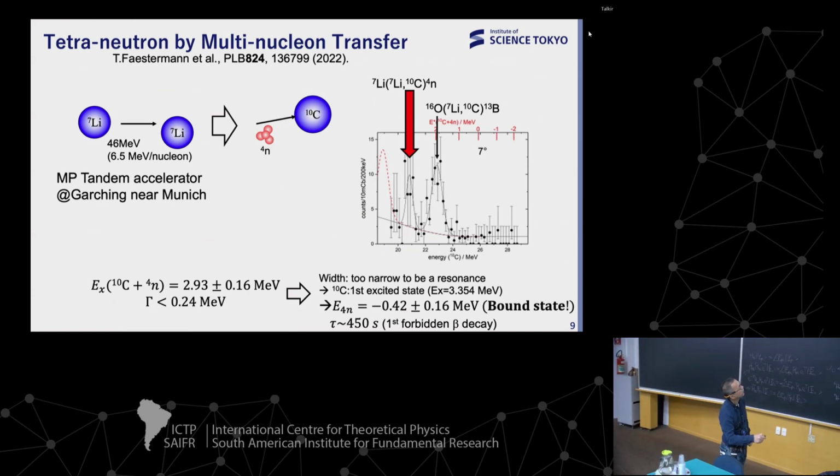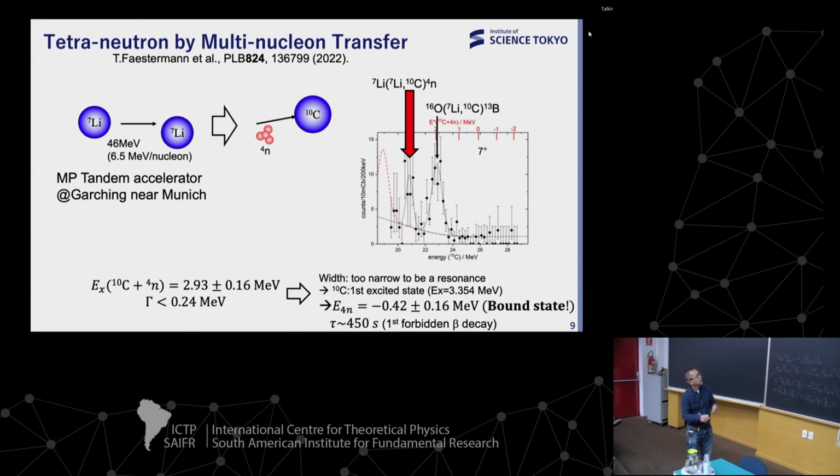And what they found is this kind of spectrum here. This is the energy of carbon-10. This big peak is due to oxygen-16, lithium-7, carbon-10, because the lithium-7 target has oxygen isotope contaminants, so that's why this peak appears.